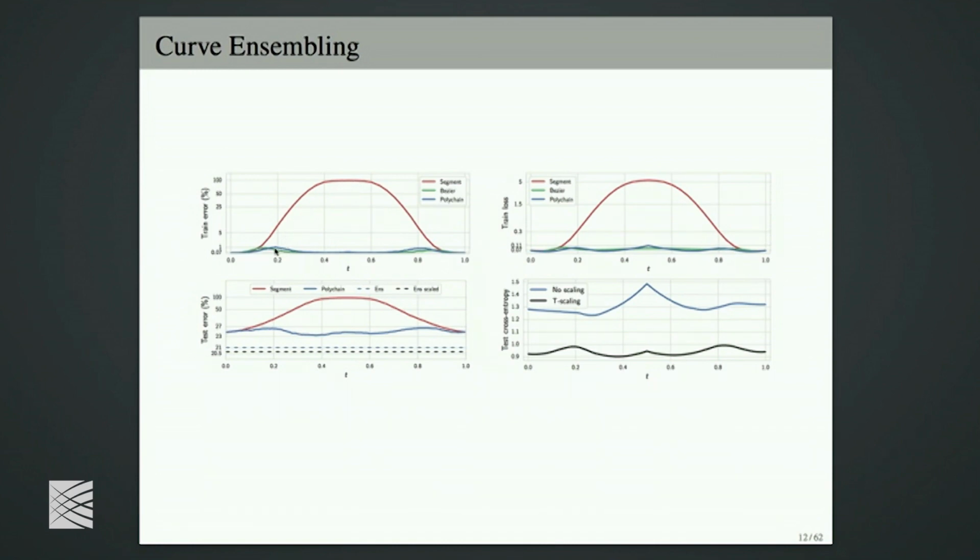Here we have the Bezier and polygonal chains in green and blue, and we can see that the training loss stays very low as we move along the curve.